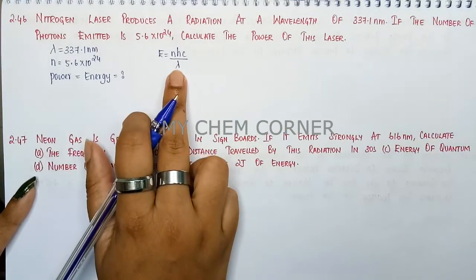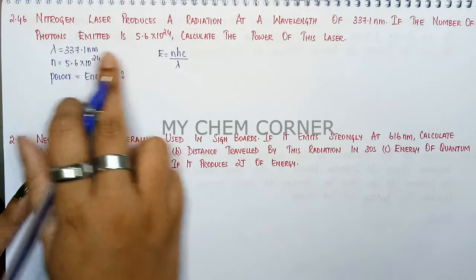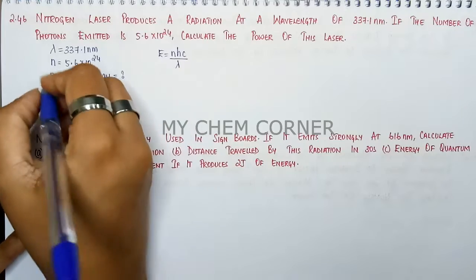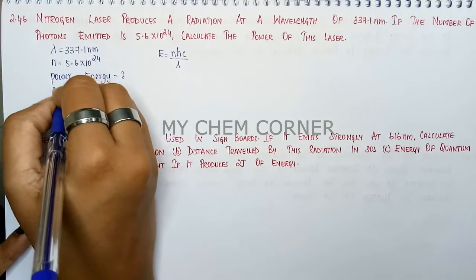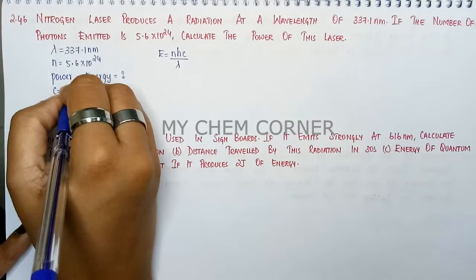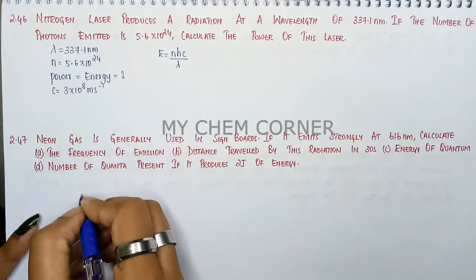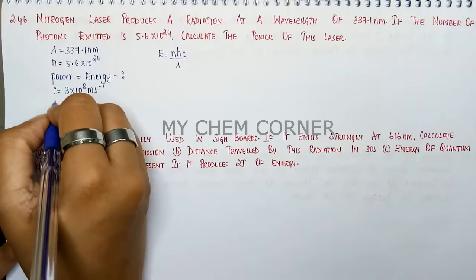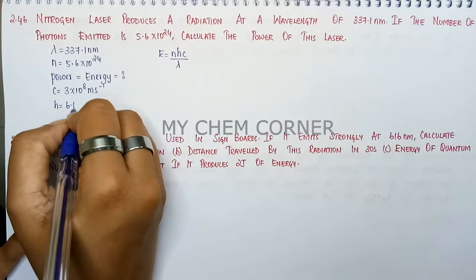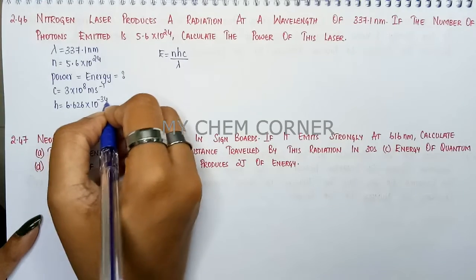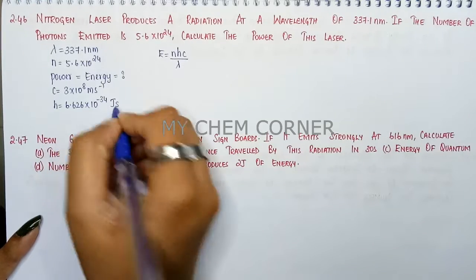Now in this, lambda is in terms of nanometer, but c here, which is velocity of light, will be in terms of meter per second, which is 3 into 10 to the power 8 meter per second. H value is Planck's constant, so 6.626 into 10 to the power minus 34 joule second.